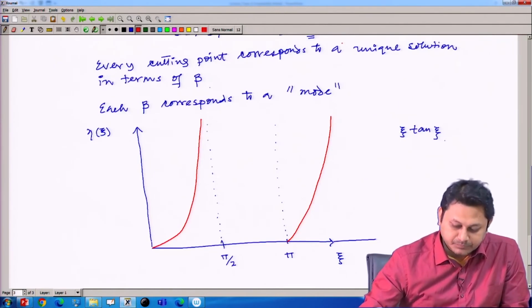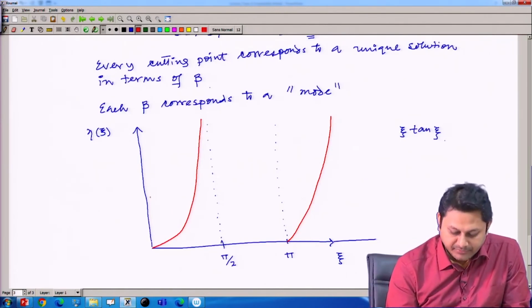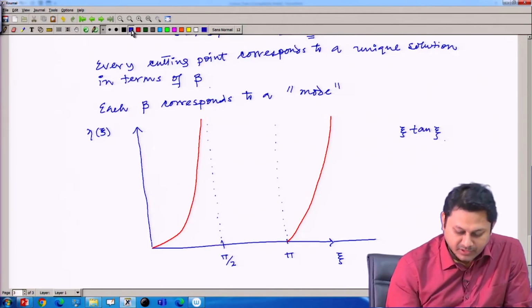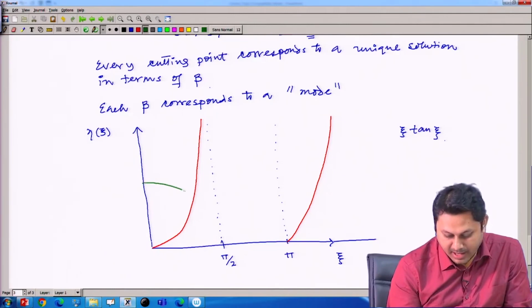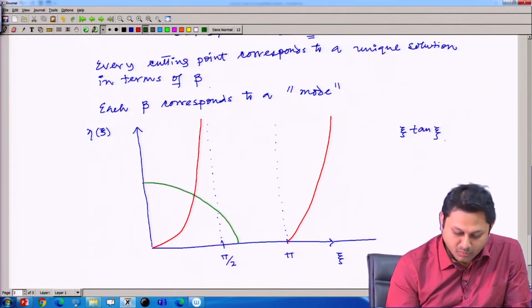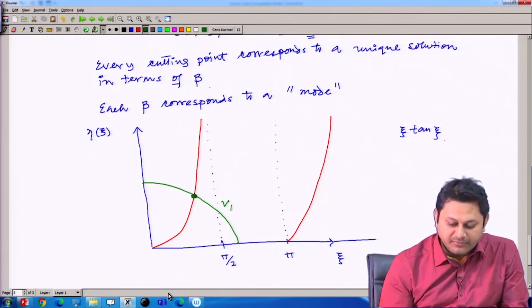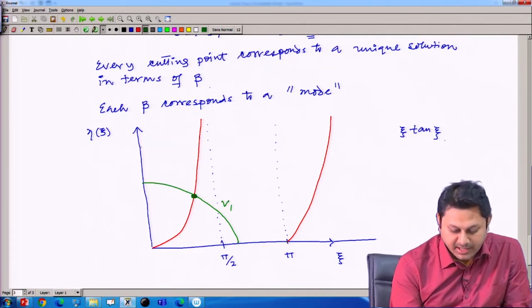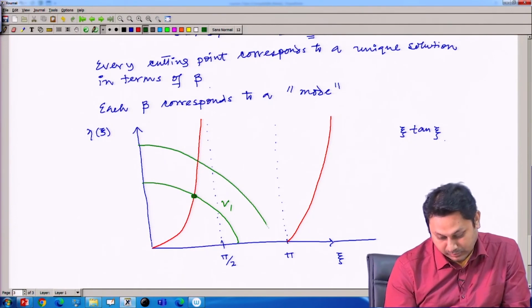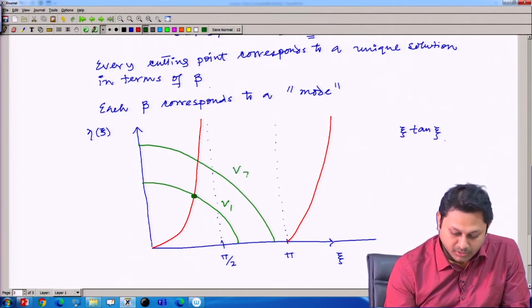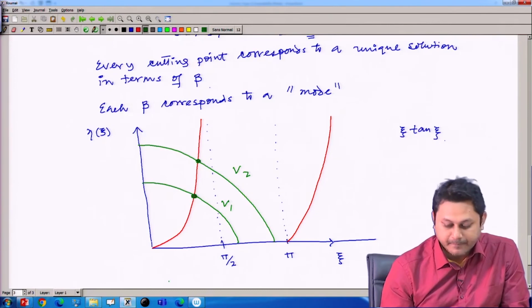Now, if I have a given value of v, you can see that I have one cutting point here for this v, say this is my v1. If I increase this v value, up to that I should have only one cutting point. Say I have another value v2, again I have one cutting point here.